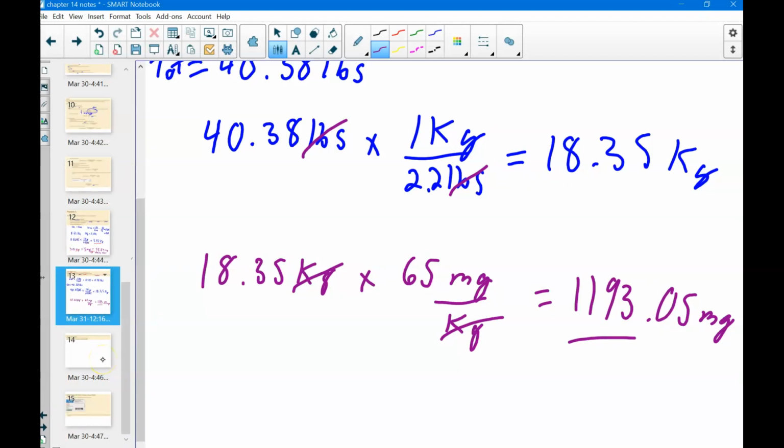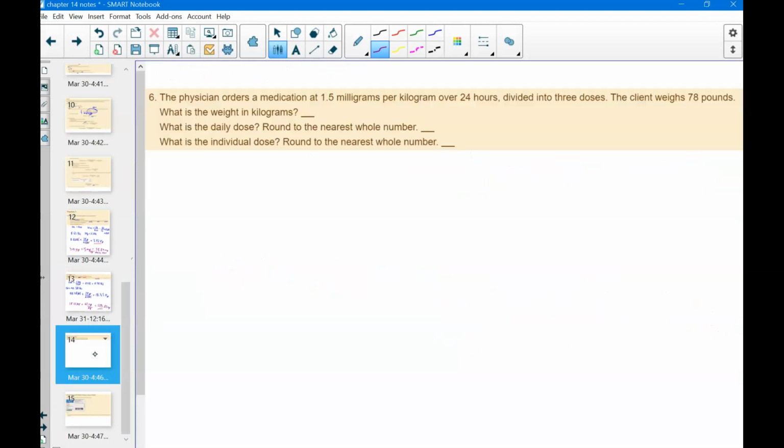Maybe two questions. Physician orders 1.5 milligrams per kilogram over 24 hours in 3 daily doses. The client's weight is 78 pounds. What's the weight in kilograms? So this is a little bit simpler. We have 78 pounds multiplied by 1 kg over 2.2 pounds.